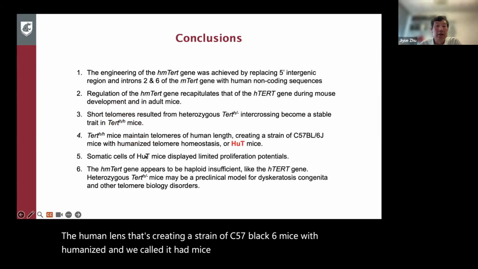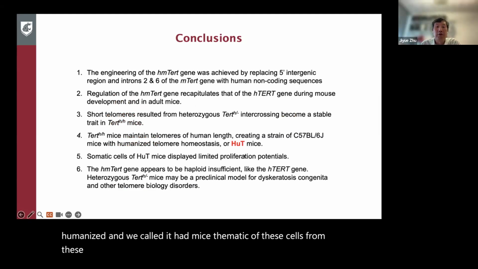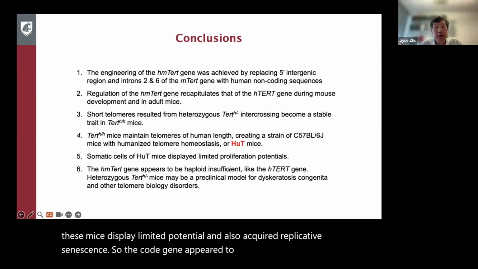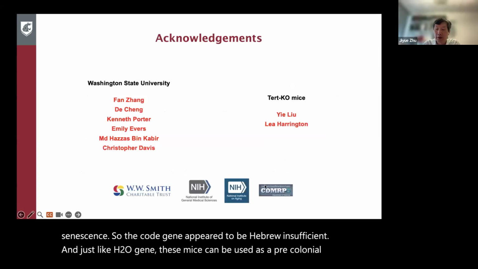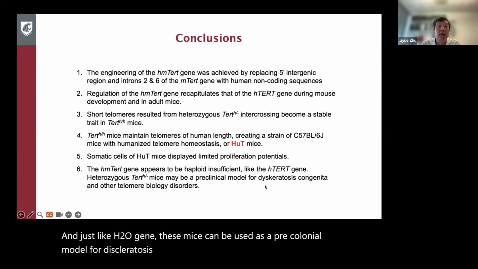Somatic cells from these mice display limited proliferation potential and also acquire replicative senescence. So the HM3 gene appears to be haploinsufficient, and just like the H2 gene, these mice can be used as a preclinical model for dyskeratosis congenita and other telomere biology disorders.